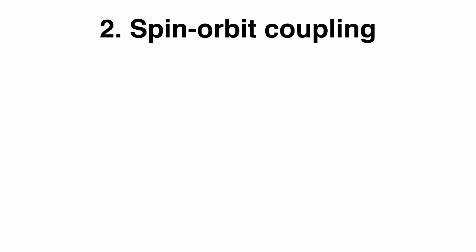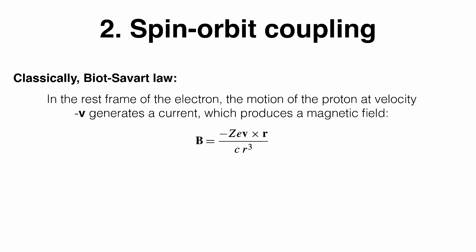Okay, so let's try to see now another relativistic effect, which is spin-orbit coupling. For this, I'm going to use an argument just to try to convince you why there should be such a term. We always use the rest frame of the proton, or in fact the rest frame of the center of mass, which almost coincides with the proton just because the mass of the proton is so much higher than the mass of the electron.